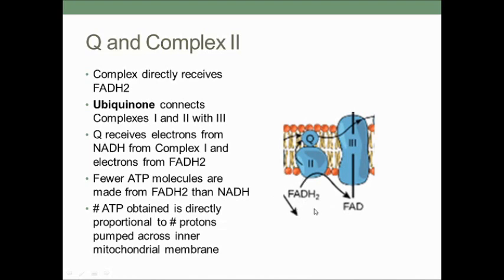But FADH2 is a less efficient electron carrier than NADH, so we will make fewer ATP molecules from FADH2. The number of ATP molecules that are obtained at the end of this process is directly proportional to the number of protons that are pumped across the inner mitochondrial membrane into the intermembranous space.